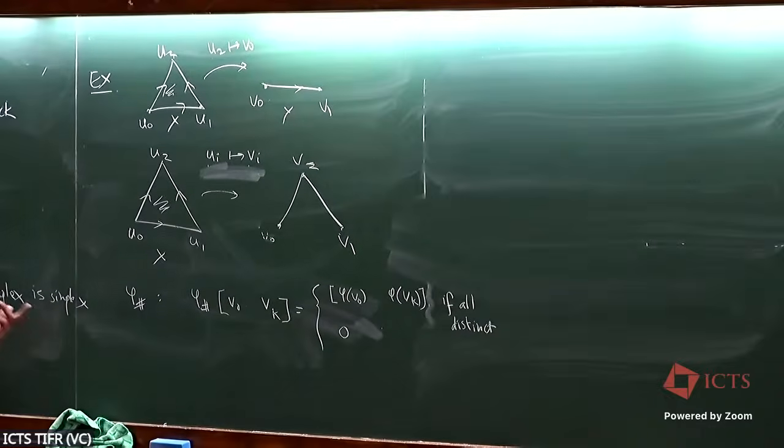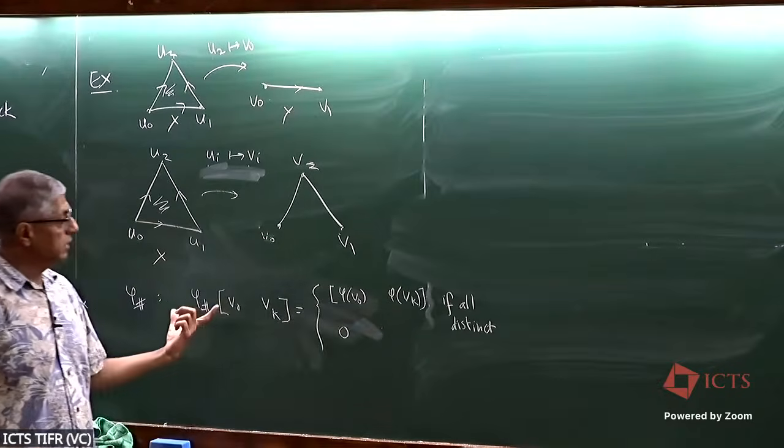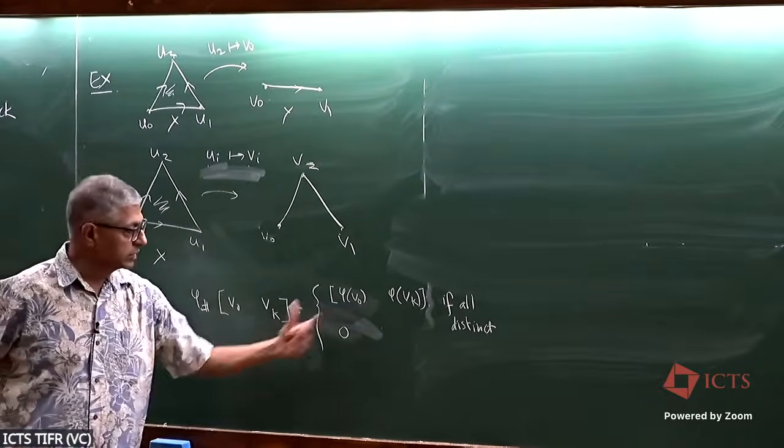So if there is a collapse, phi sharp gives you 0, and if all of those go to distinct places, then you get that simplex.